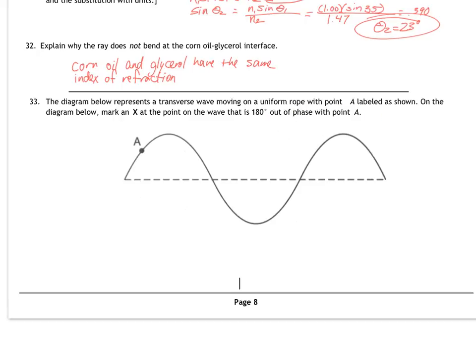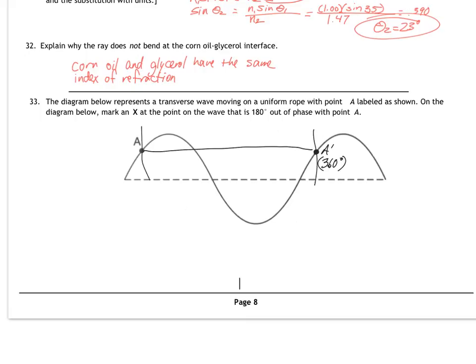I find that a little bit challenging. What I find less challenging is to just find a point that's in phase with point A, or 360 degrees away. So I can see that that point would be here. So this would be, I'll call it A prime, and I'll say it's 360 degrees away from A. So I'll go ahead and mark that.